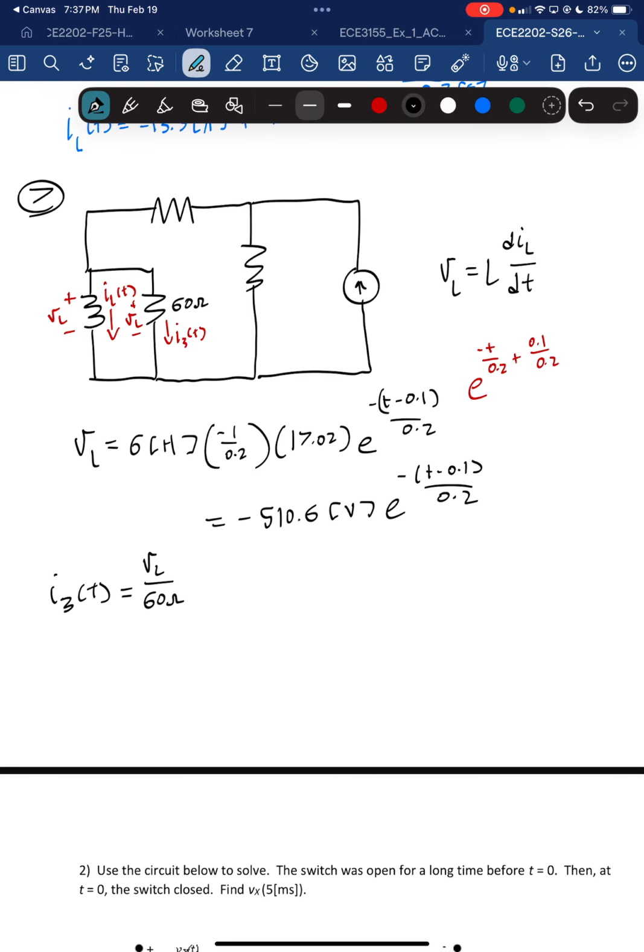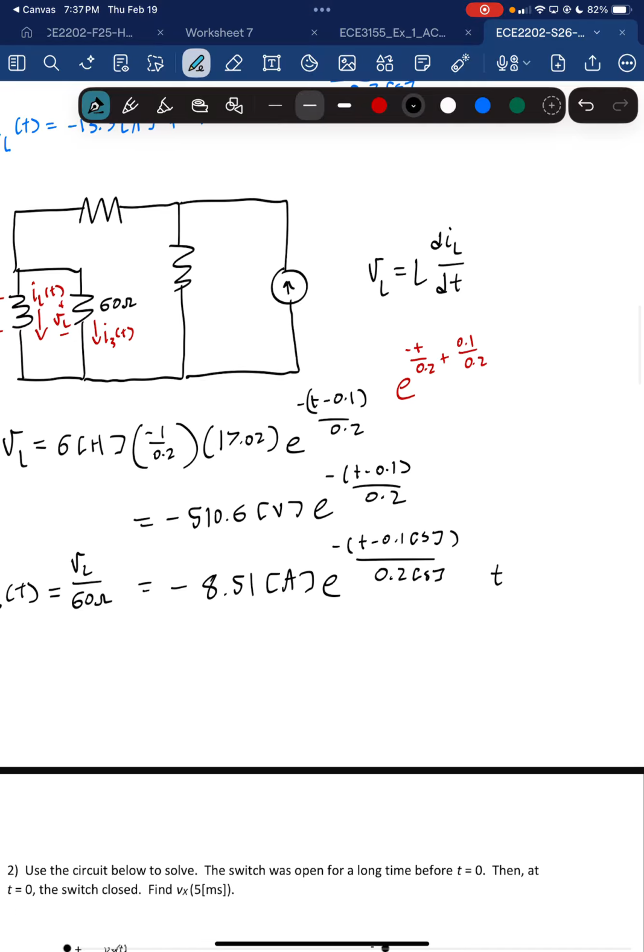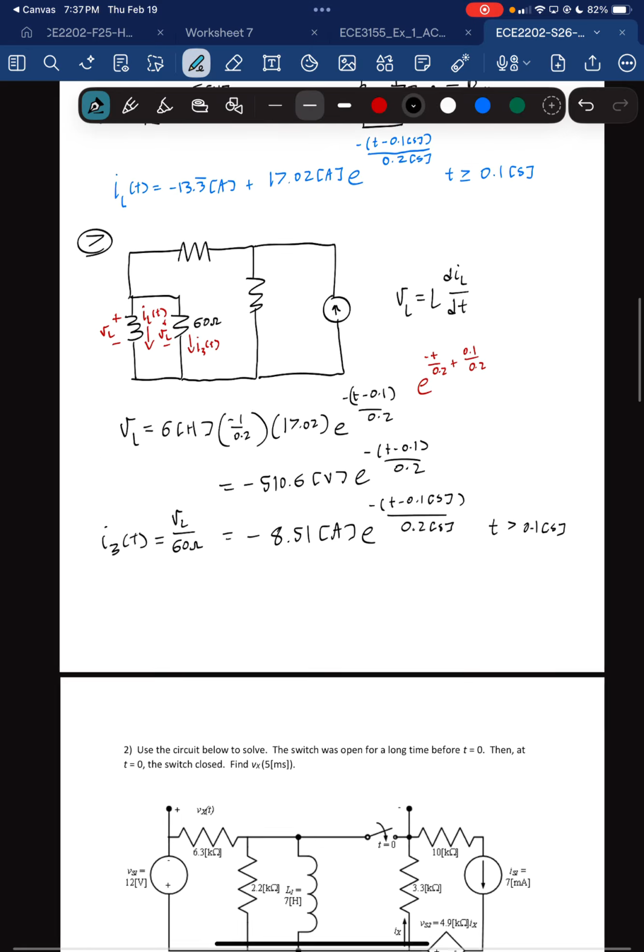So we just take 510 and divide it by 60, and we get negative 8.51 amps times e to the negative (t minus 0.1 seconds) over 0.2 seconds. And that is for t greater than 0.1 seconds.